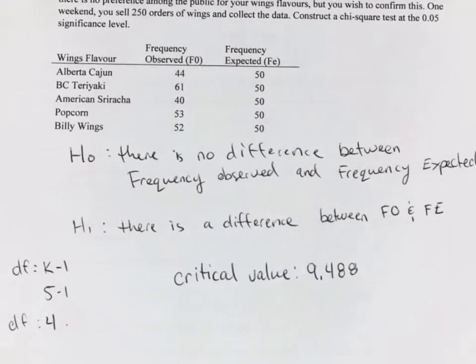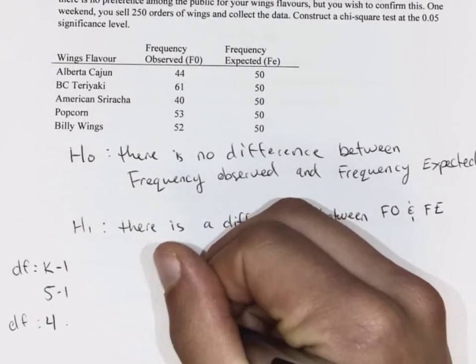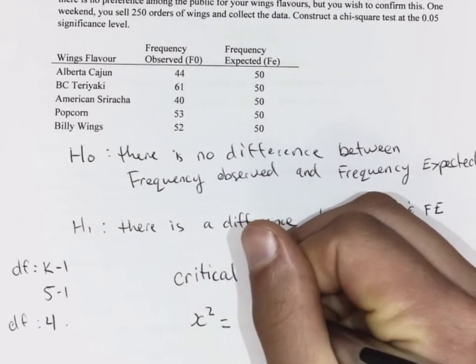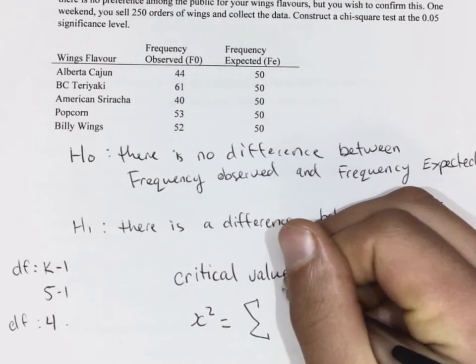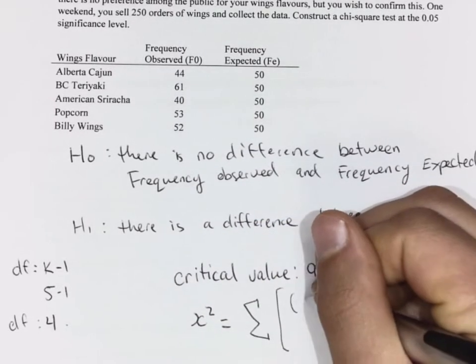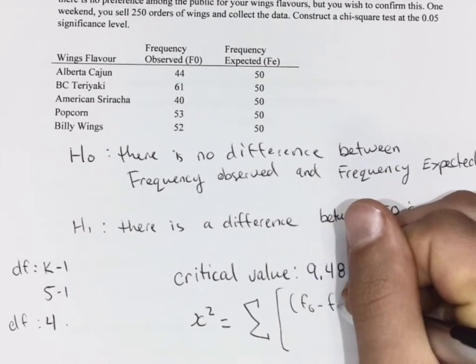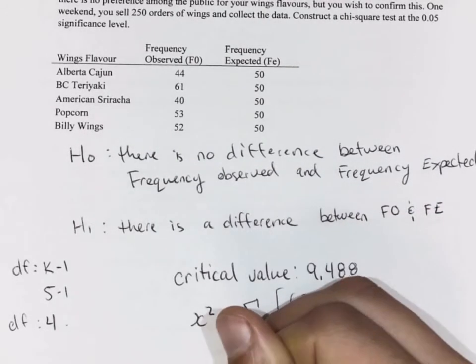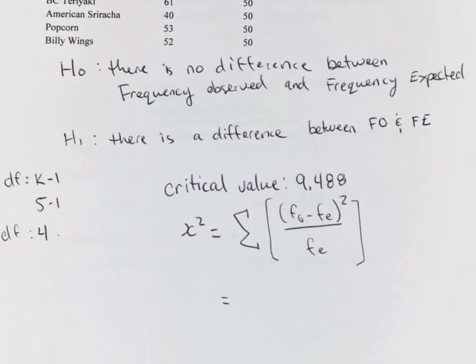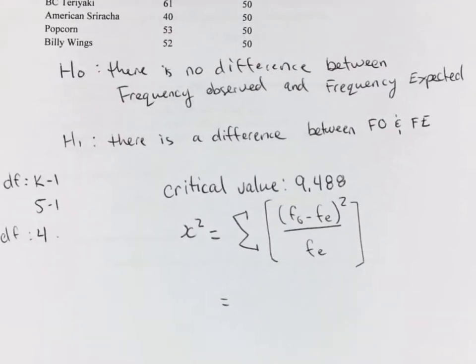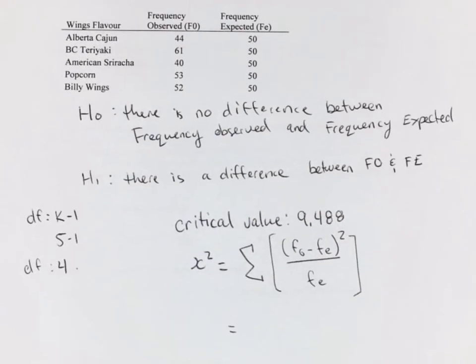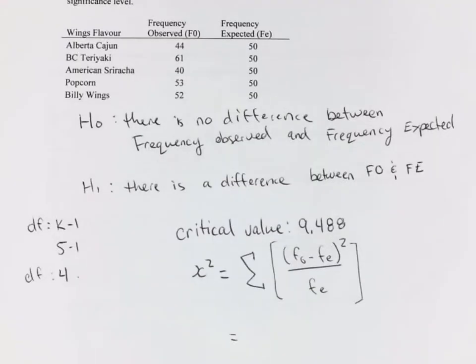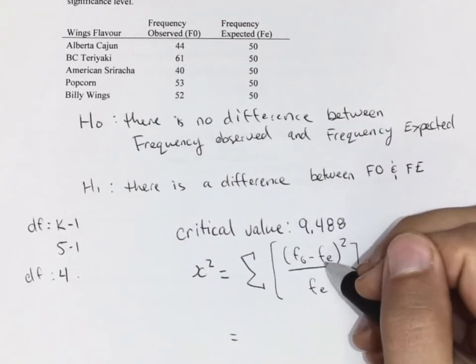So we're going to use our formula for the chi-square application. And we need to do some work within our chart to be able to complete it. So first we need to determine our frequency observed less our frequency expected.